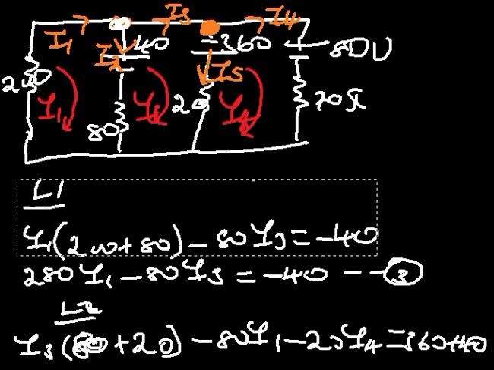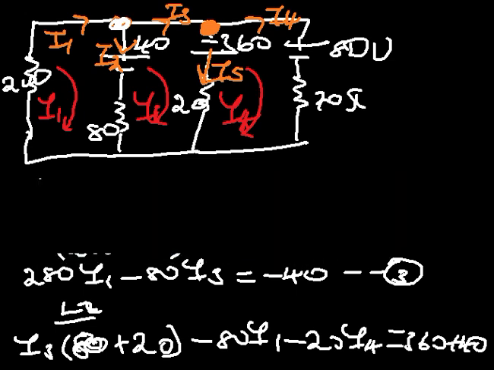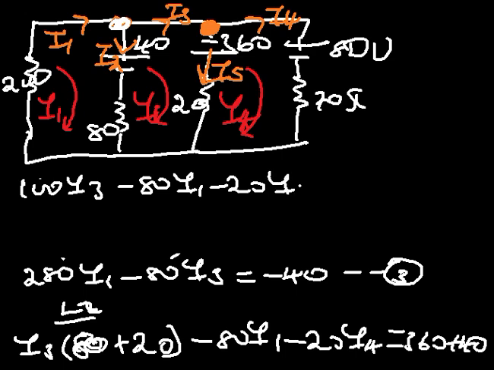Now we'll have 100 I3 minus 80 I1 minus 20 I4, which is equal to 400. So let's say this is equation 4.